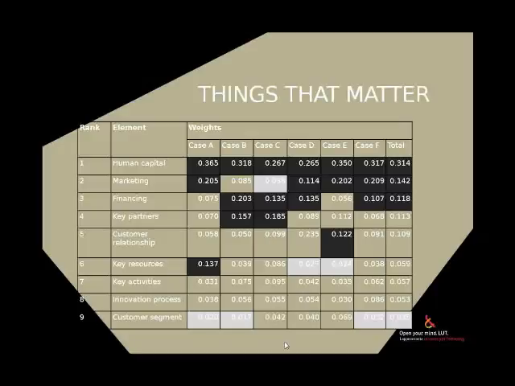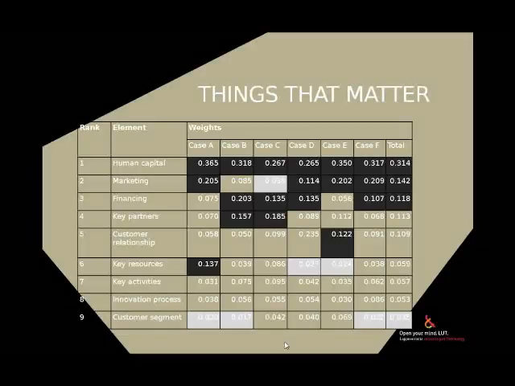So, what we can take away from this is that human capital always trumps the rest. You need to have experienced people, talent and skills. There's just no way around it.